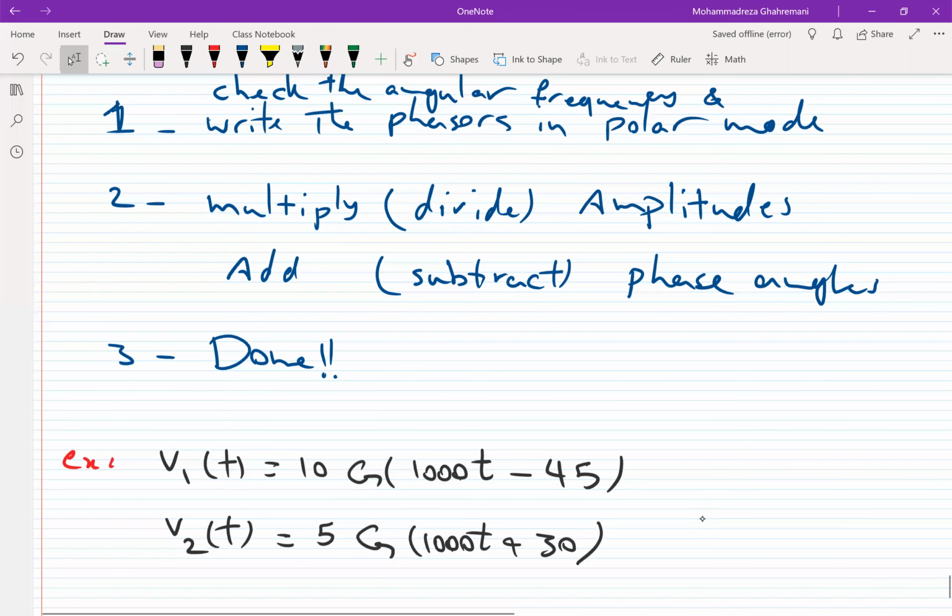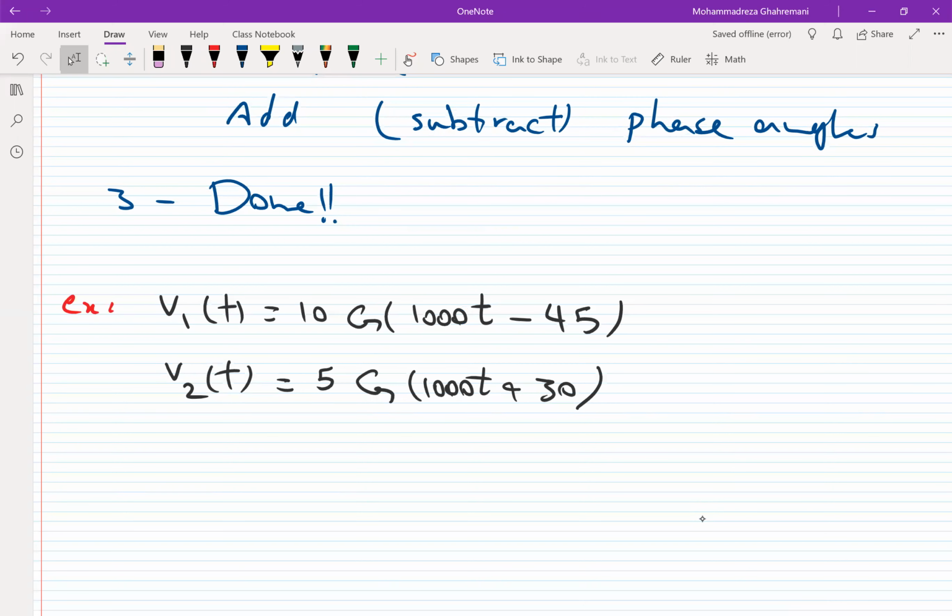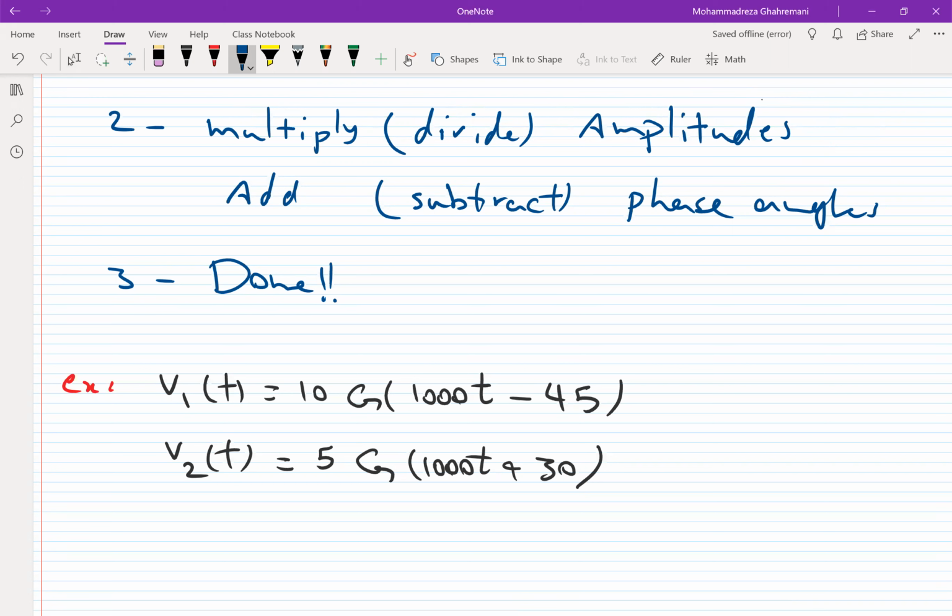So we want to multiply these two signals. In order to do that, we simply convert them to phasors. First of all, we check the frequencies. They both have the same frequency. So we write 10 e to the power of negative j 45, and this one is 5 e to the power of j 30.